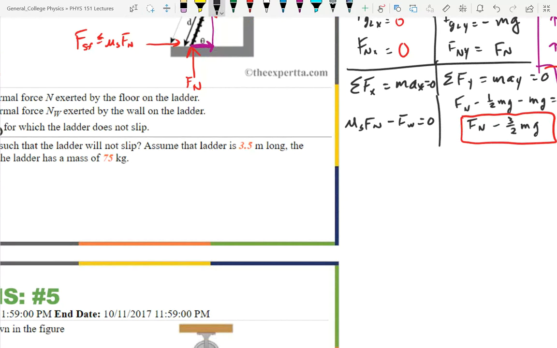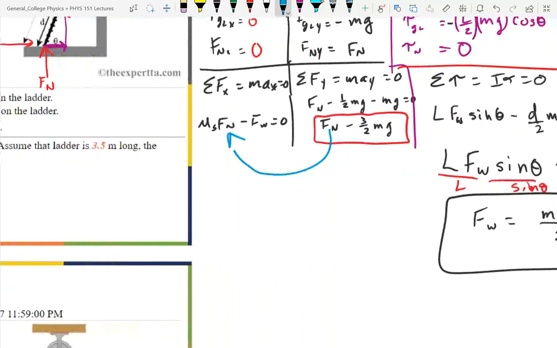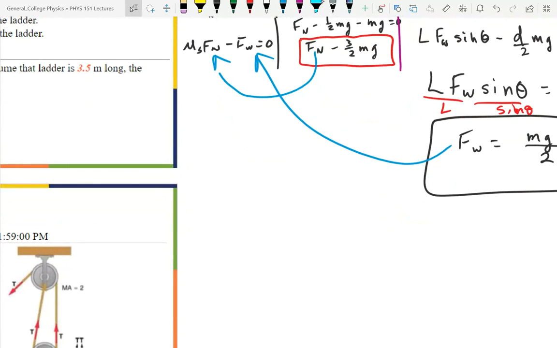And so I found the force normal, put that in there. I found the force wall, put that in there. And I have mu s times mg over 2 tangent theta. I never use cotangent, I just use tangent, okay?